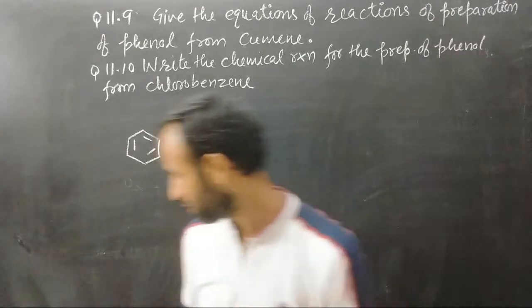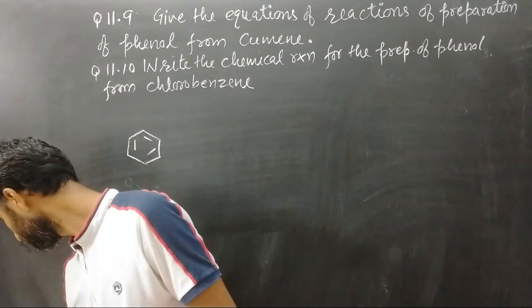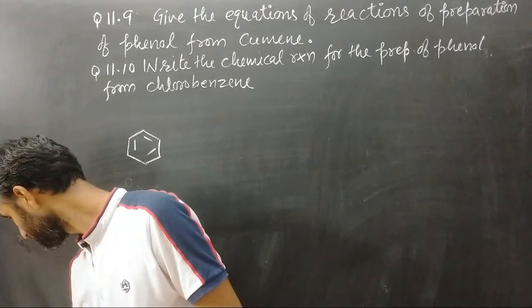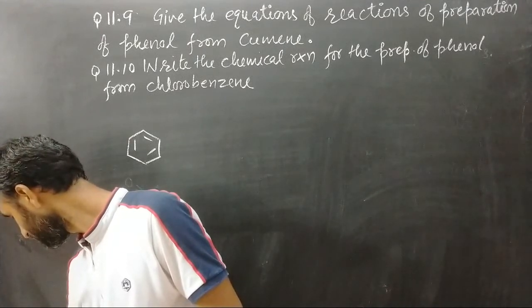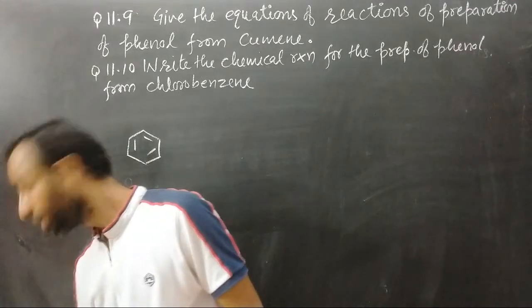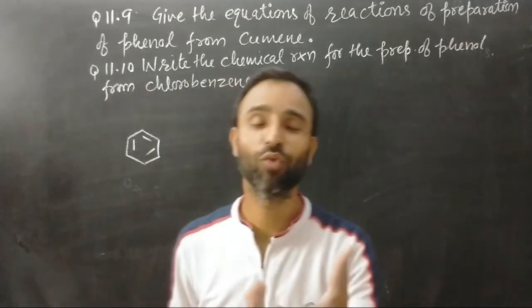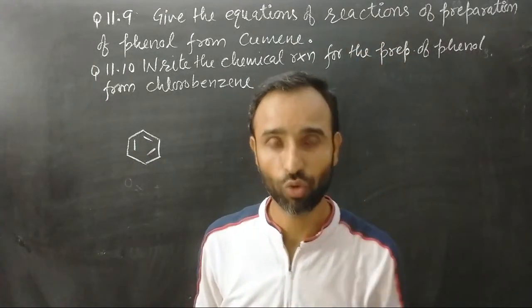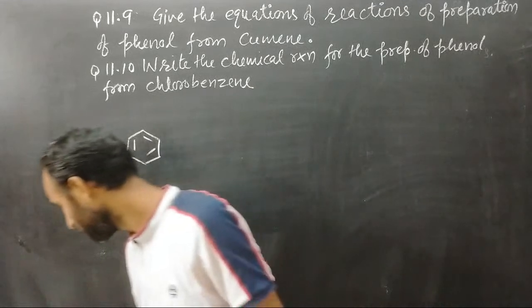What is the IUPAC name or common name, whatever you know? Very good. It is isopropyl benzene. So cumene is isopropyl benzene.